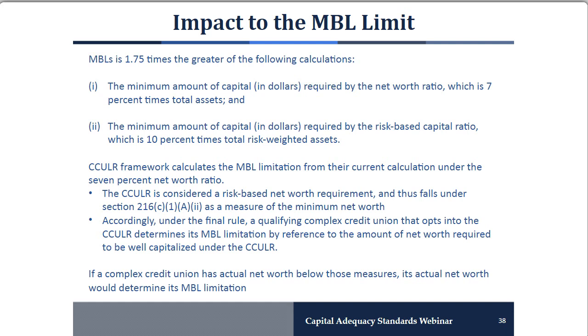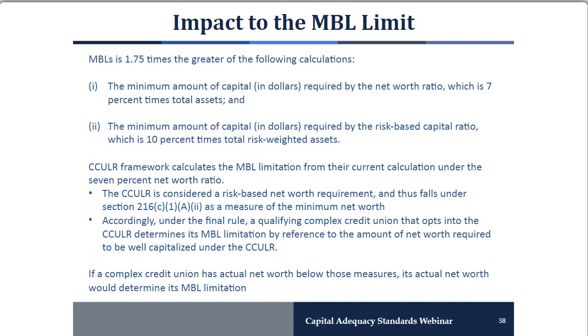However, a complex credit union that does not qualify for or does not opt into the CULR framework will determine their MBL limitation by reference to the 10% risk-based capital ratio compared to the net worth ratio requirement as described in the 2016 MBL final rule.